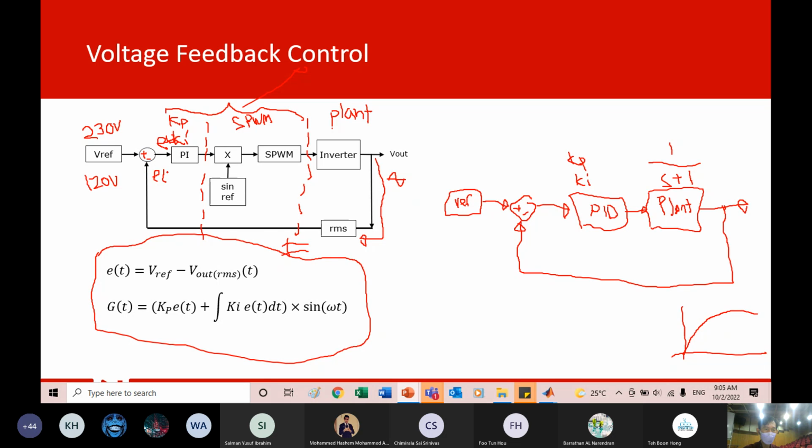E of t is the error, which represents Vref minus Vout RMS at this point. And then the G of t, the control output.